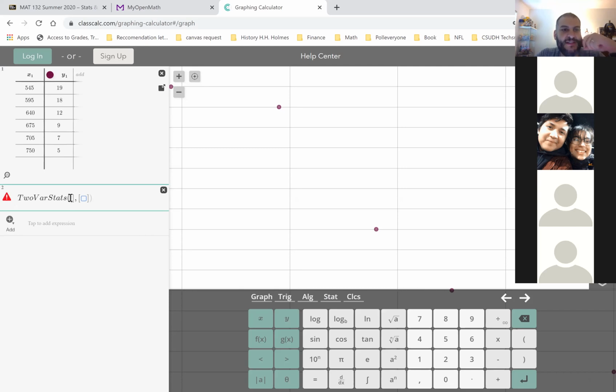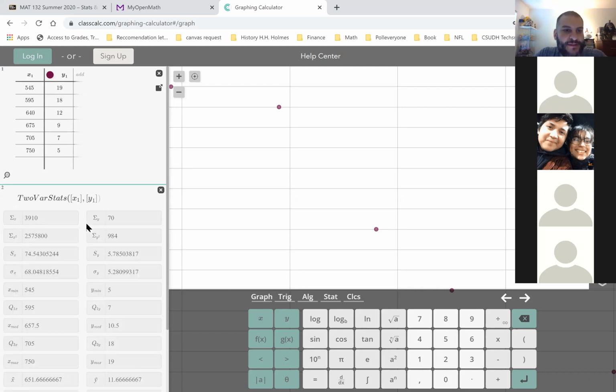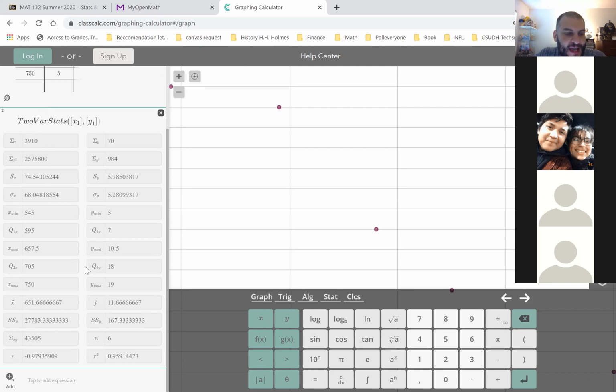For 2-bar stats, we're gonna say X1, and then put Y1. And let's get the R value. If you look at my R value, we get R is equal to -0.9793.